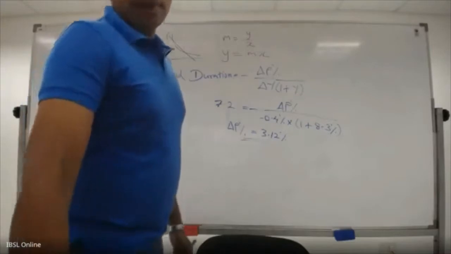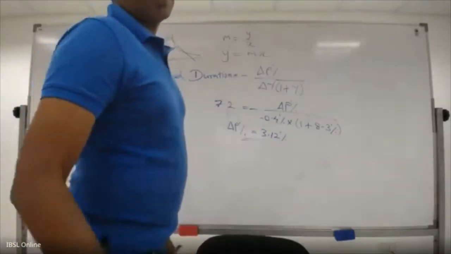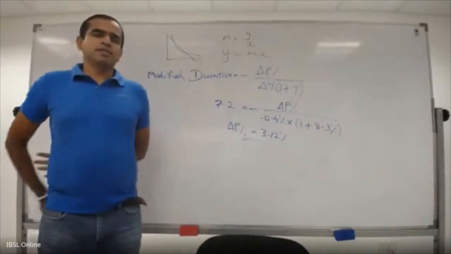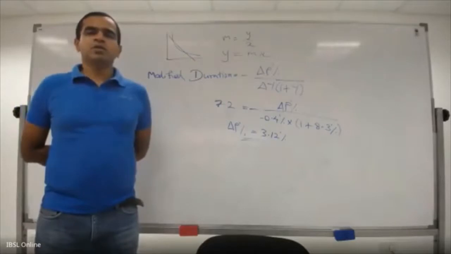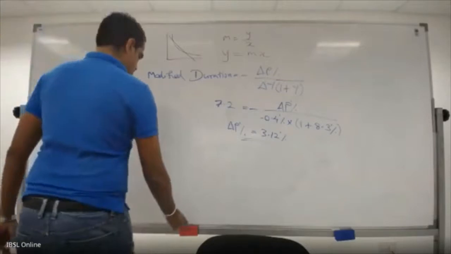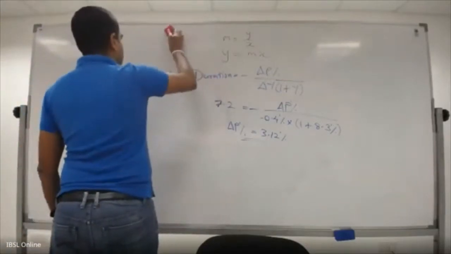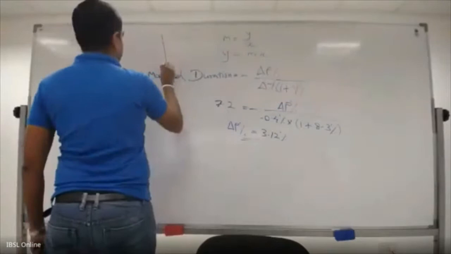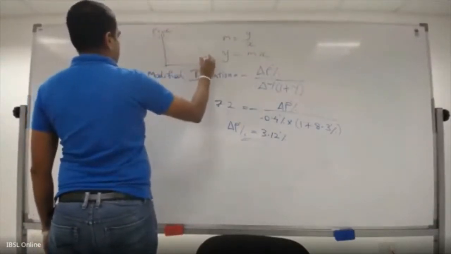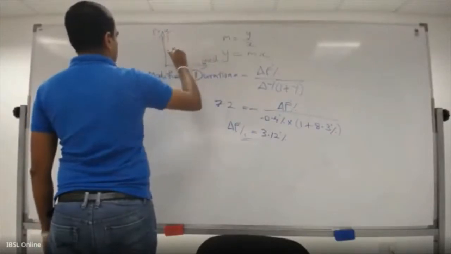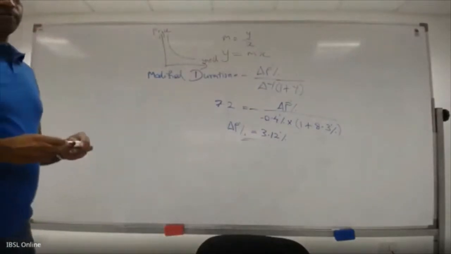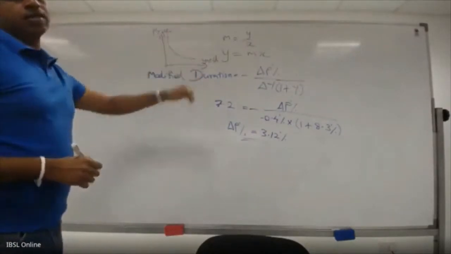Which is why the concept of convexity becomes important. When you calculate the change in price, you also have to account for convexity. Convexity is a measure of the curvature of the price-yield curve. This is the curvature, and it's measured by convexity.